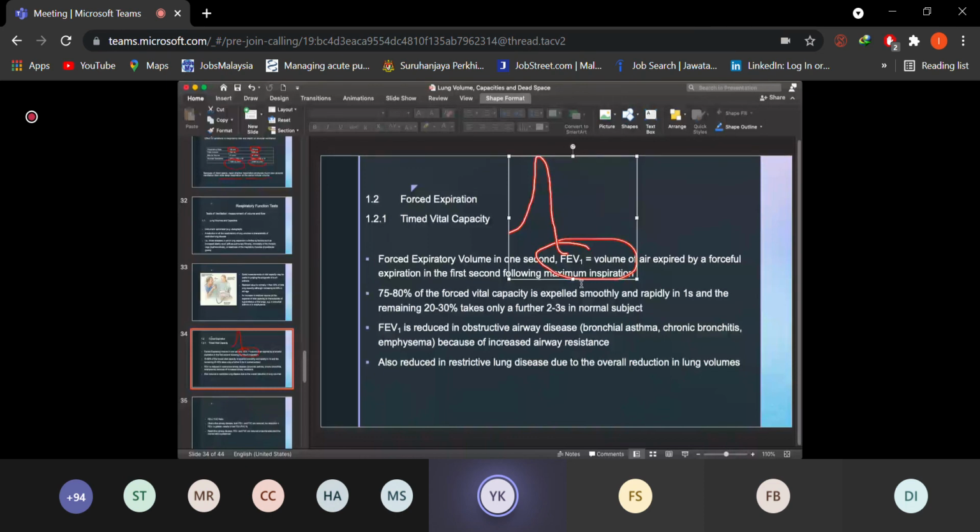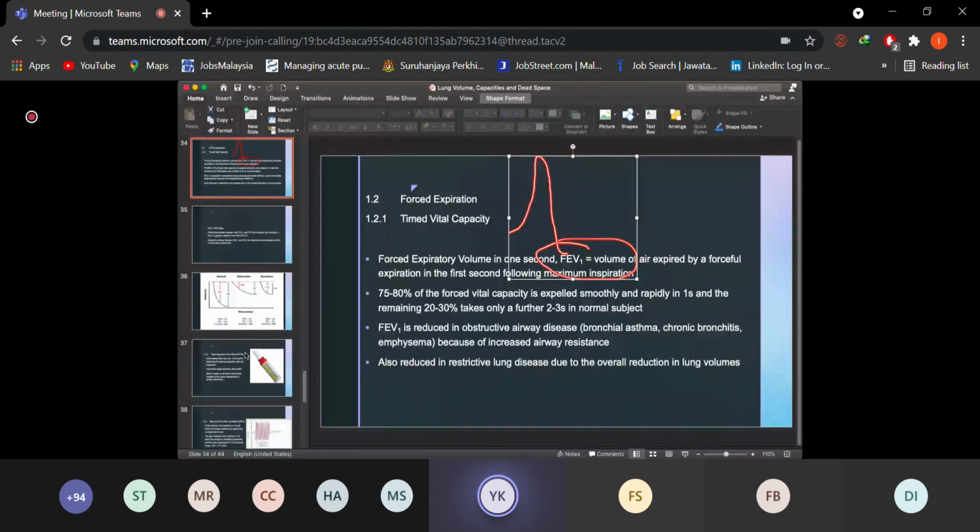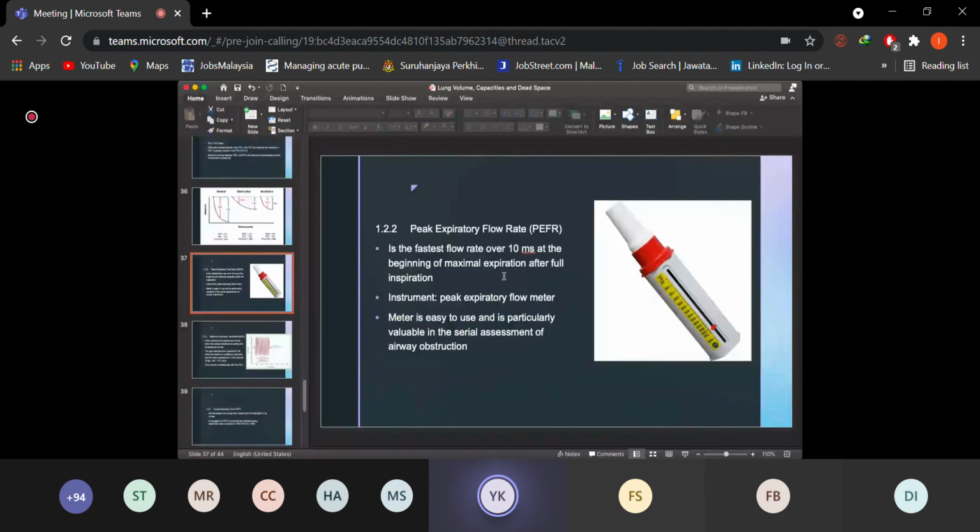Peak flow. This one is important as well because it measures whether there are obstructions in your airway. This one is a bit not really seated.